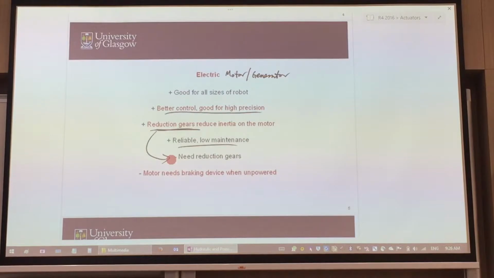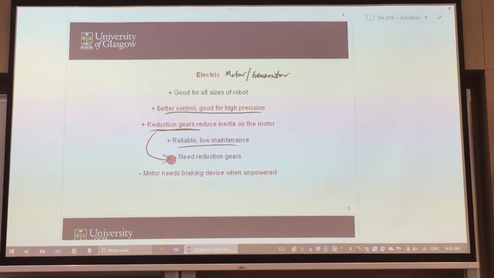But then equivalently, the torque will reduce as well, because there's just not enough power. You wanted to reduce the speed. Why do I want to reduce the speed? That's because I can't run things at that kind of high RPM. So that's why I need the gear reduction for the motor. Reduce it to the speed that is controllable, that can be useful to me.